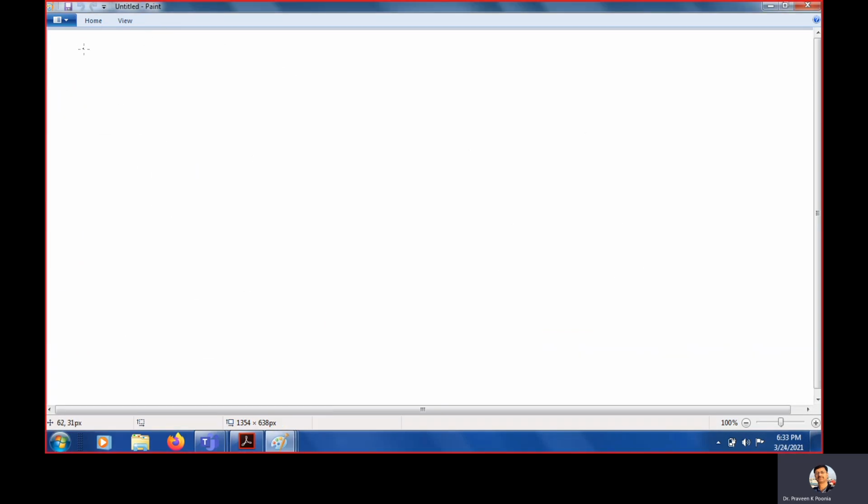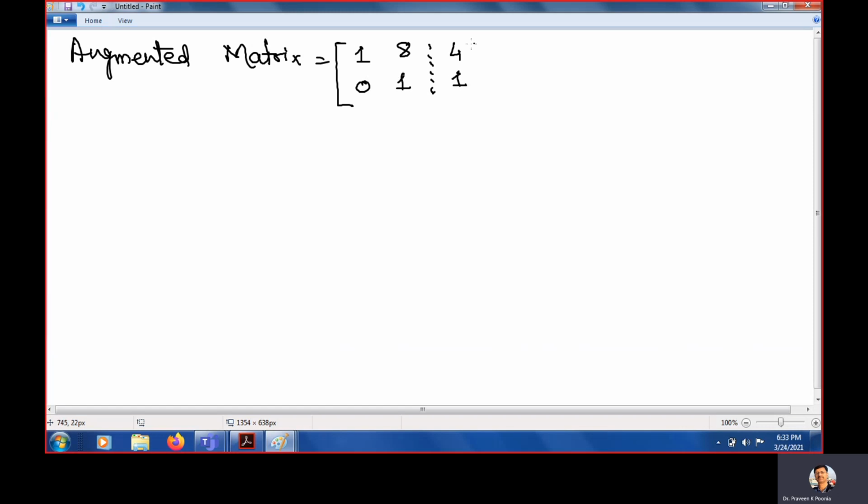So what is the augmented matrix? The augmented matrix is 1 8 4, 0 1 1. Now the last step is, because it is in row echelon form, you need to write it in AX equal to B form.